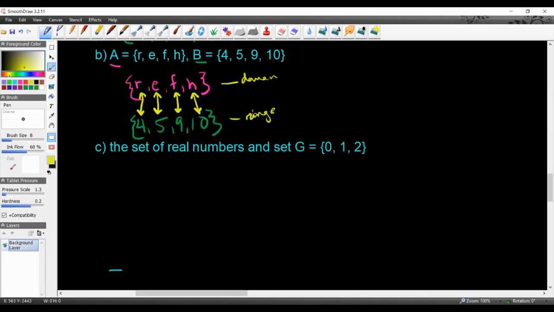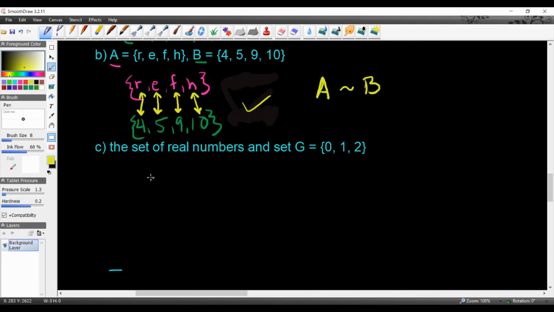Just to help you, it's not actually domain and range, but the idea is we want to match one element from A to one element in B. If we can do that, then that proves that these two are one-to-one and therefore also equivalent. So we can say, yes, this is one-to-one. So therefore A is equivalent to B.